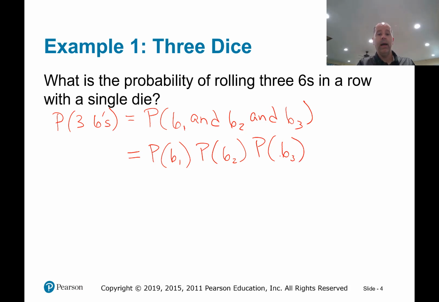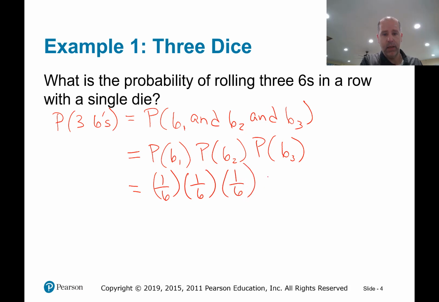Now, what is the probability of getting a 6 in general on a 6-sided die, assuming that it's fair? It's going to be 1 out of 6. So each one of these is going to be the same: 1 out of 6, 1 out of 6, and 1 out of 6. And so what do we get? We get 1 over 6 cubed, which is, I believe, 1 over 216, if my math is right.